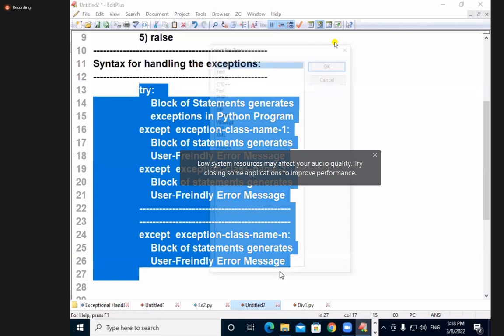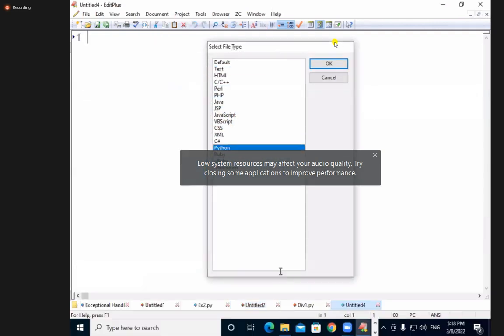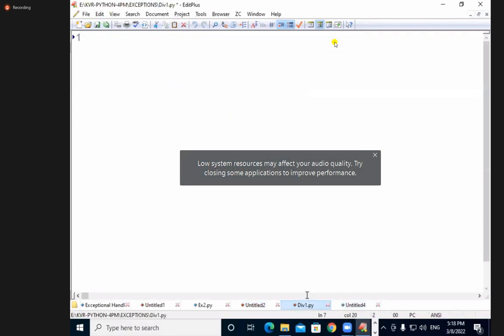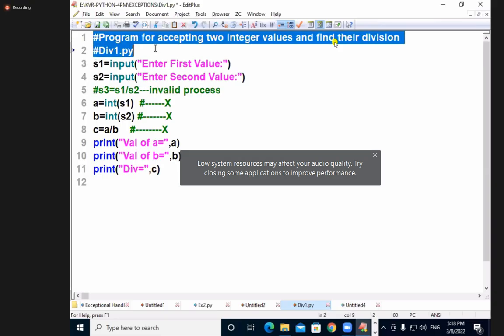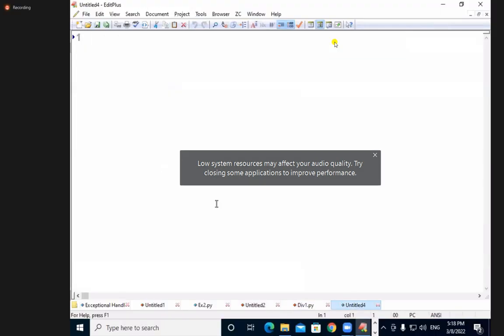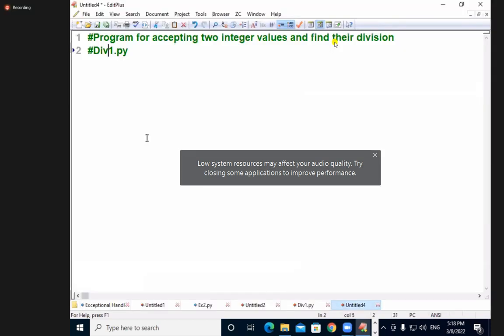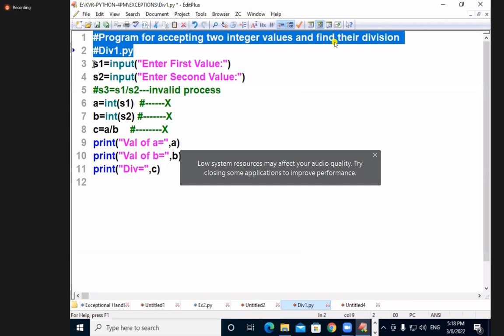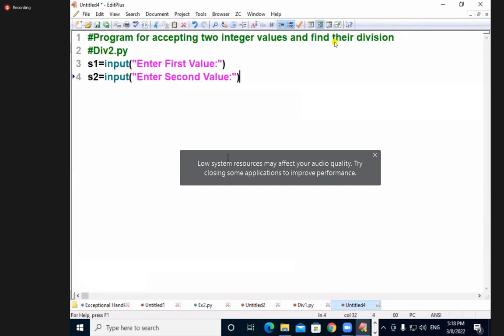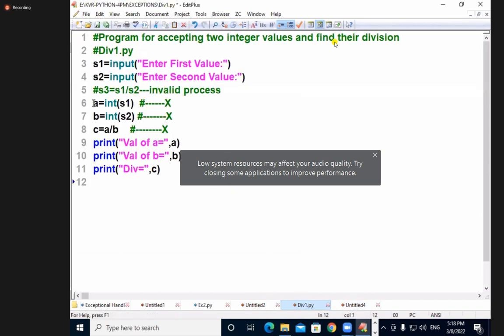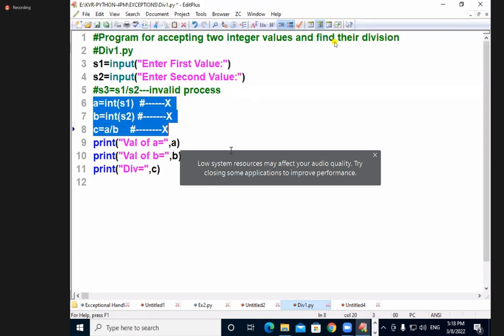I will write it. See, students, I will write Python. What is my Python program? This program only I will rewrite. How I am rewriting, you just follow me. What is this now? div2.py. How many values will I get? Two values you get. No problem. Basically, you observe how many statements I have which are generating exceptions.